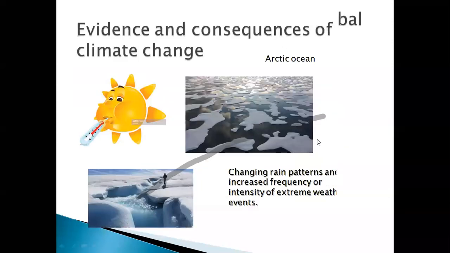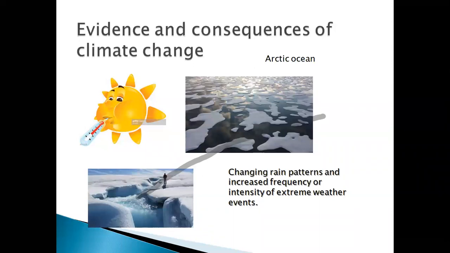So the evidences of consequences of climate change we have, for example, in the increase of temperature first, and the reduced ice in the Arctic Ocean. Then we have the shrinking in the snow cape of glaciers, changing rain patterns. So now it's not going to be the normal frequency or intensity.